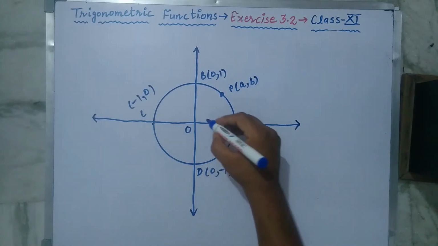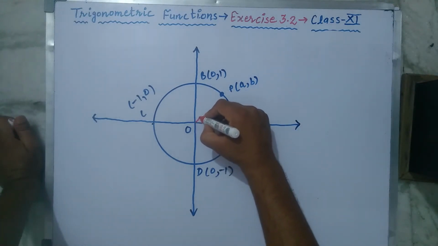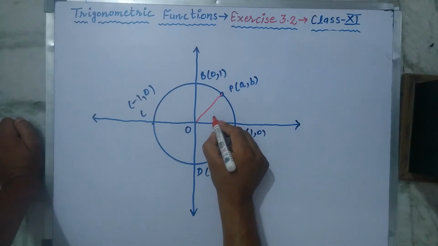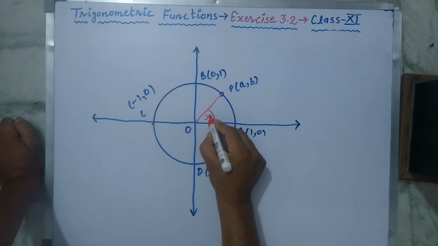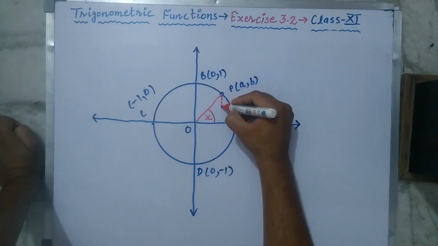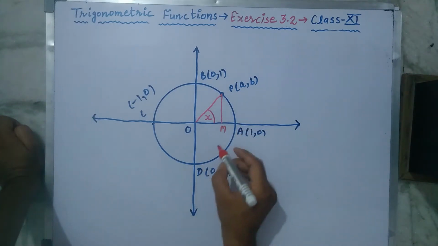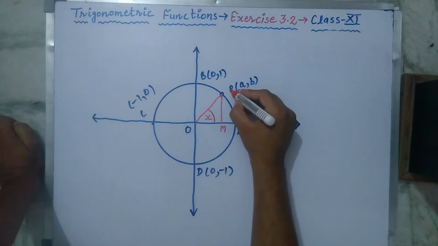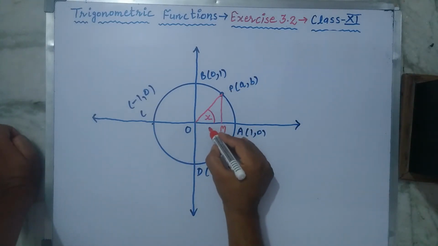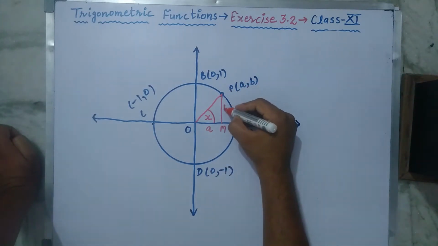So somewhere suppose here P is any point having the coordinates a comma b. Now if we join OP, and if this angle is x angle, now drawing a perpendicular on the x axis, suppose this is M. Now because coordinates of point P are a comma b, so O to M distance is a, M to P distance is b.